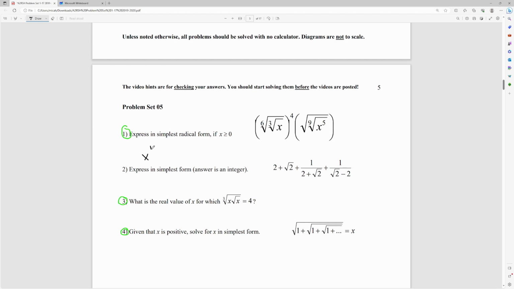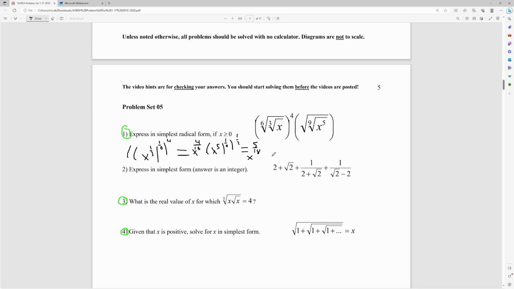So x to the 1/3 to the 1/6 to the 4, and so that's x to the 4 over 18, times x to the 5th to the 1/9 to the 1/2, and that is x to the 5 over 18.